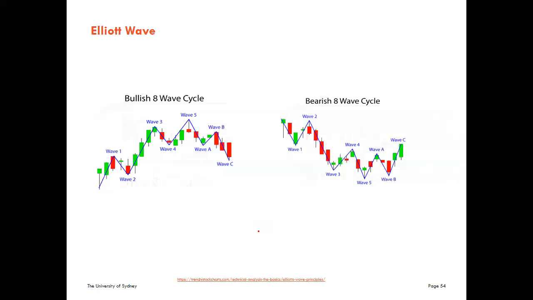Bullish means the market is going up, increasing. And bearish means your overall market is coming down, reducing in value. In the same way, in the bearish market, you get the same 8 waves, but in a slightly different cycle. Now your impulsive 5 waves are downward, waves 1, 2, 3, 4, and 5. And then your retracement is in 3 waves, A, B, and C, but in the opposite direction.